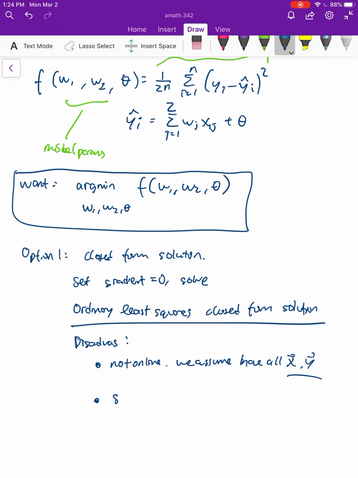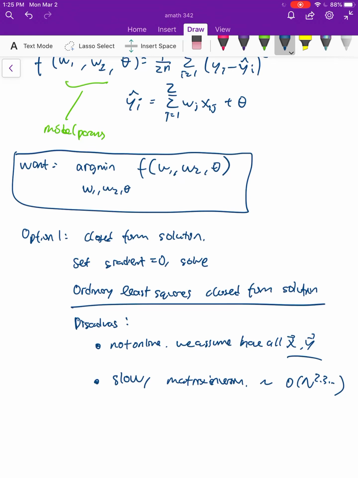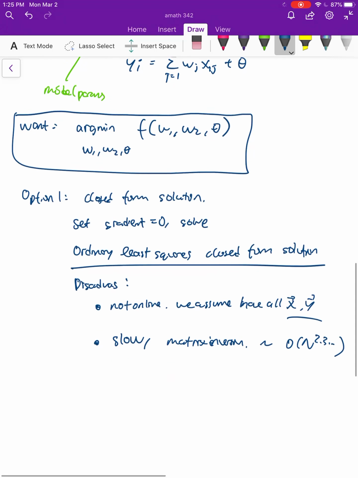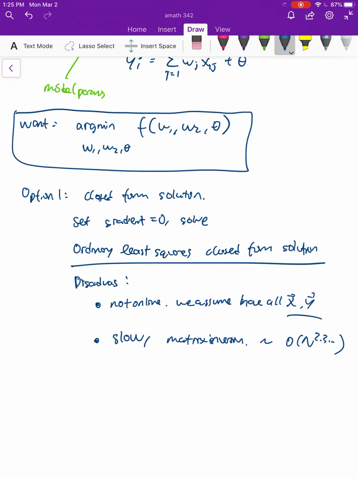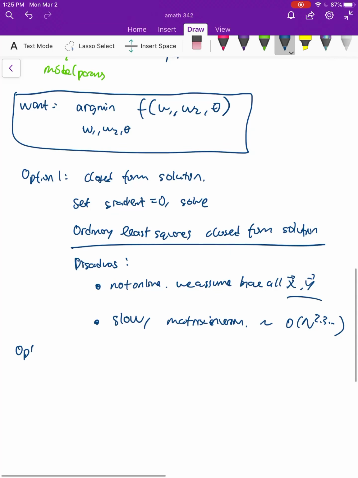Another disadvantage is that this is slow. This requires matrix inversion, which has a runtime of n to the 2.3 something. So when you're dealing with high dimensions, the closed form solution is not what people use in the industry. Instead, to solve the minimization problem, what we are going to do is gradient descent.